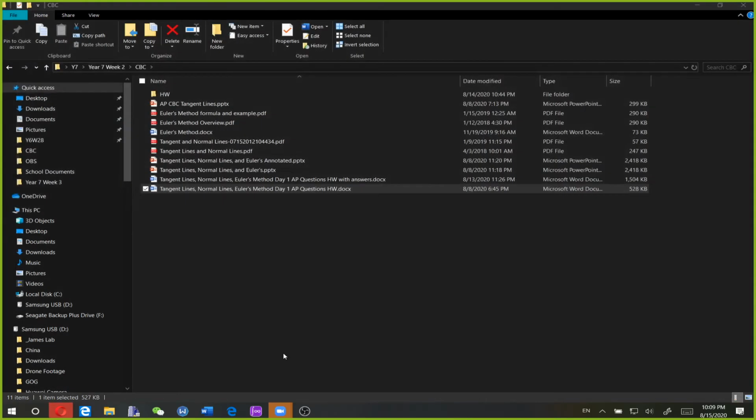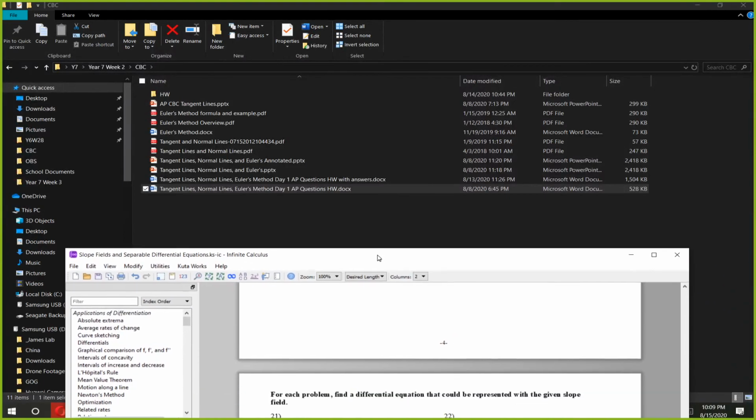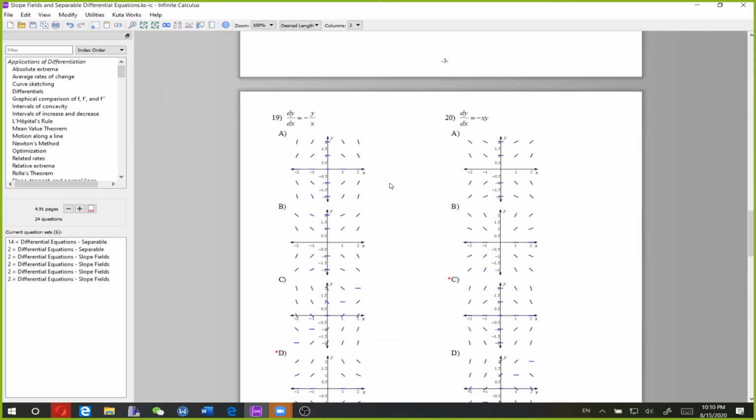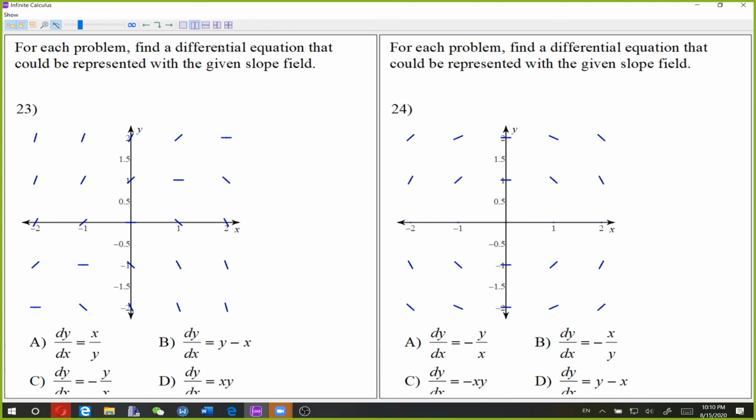So last part for today deals with what we call slope fields. Okay, which I don't have a handout for. I'm going to quickly show a couple problems instead.